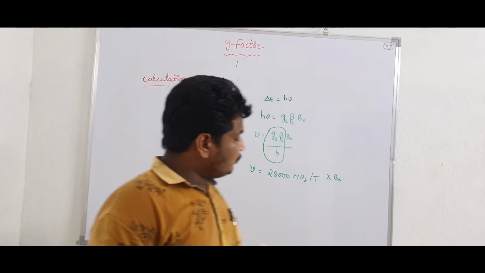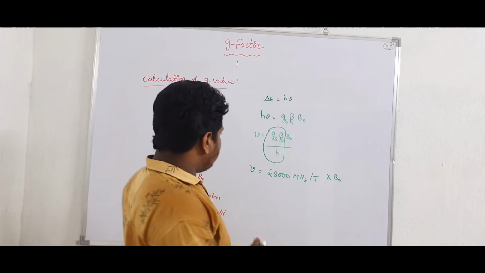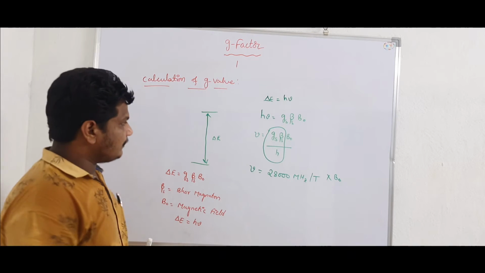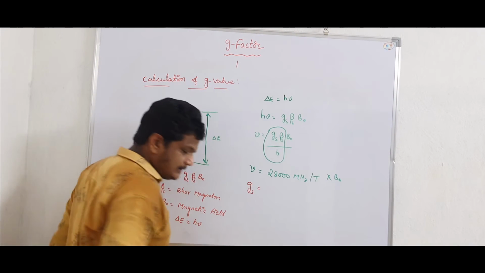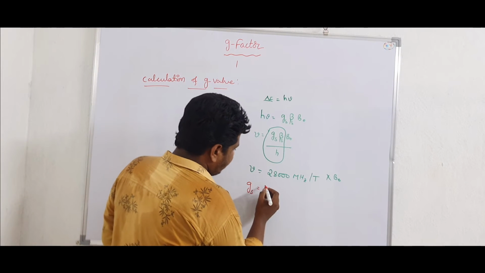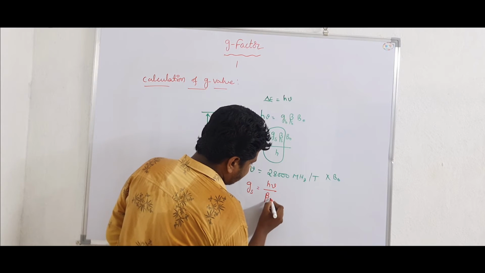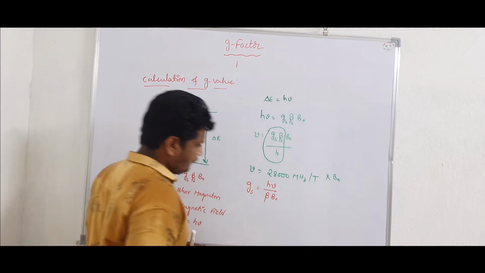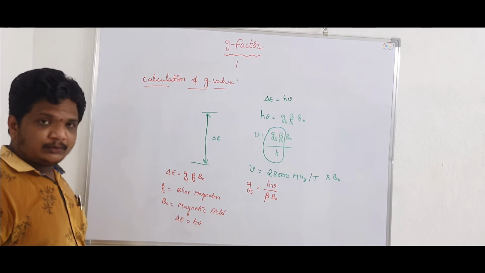Now, how to calculate this G value from this equation? Gs is equal to h mu by beta into B naught.